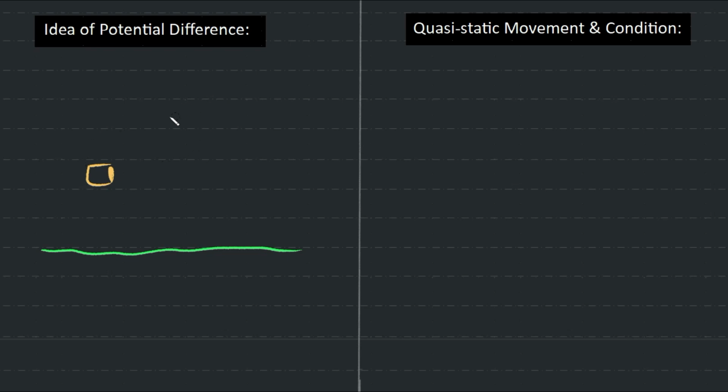If I keep an object at first instance at point B, and second instance at point A, my question to you is, do they have the same potential energy? The potential energy at A, is it the same as potential energy at B?